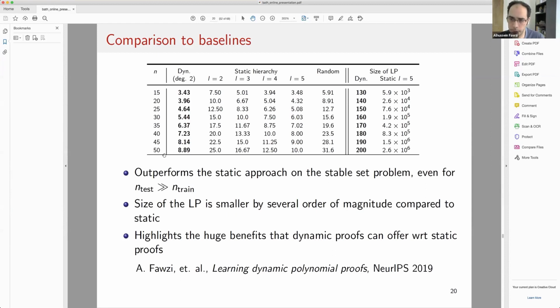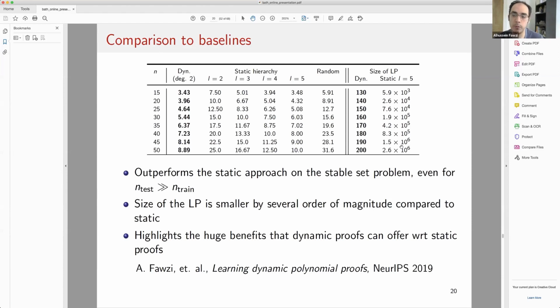What's interesting to see here is that the size of the linear program you need to solve is much smaller for the dynamic proof than for the static one, because for the static one, you need to enumerate everything.